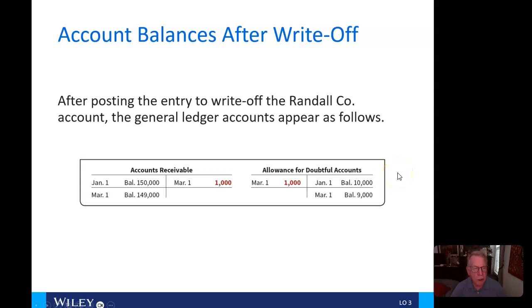Therefore, our net realizable value was 140,000. But now when we write off 1,000 here and 1,000 there, you'll see that our new balance, 149,000 less that 9,000, is still 140,000.